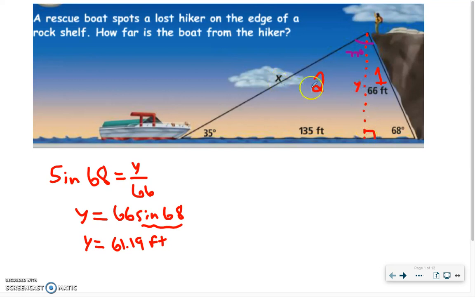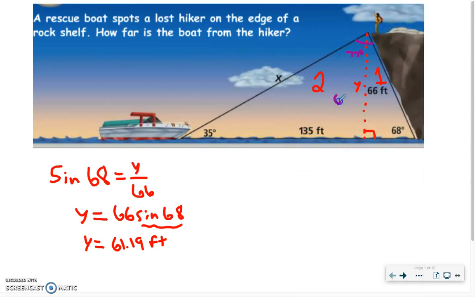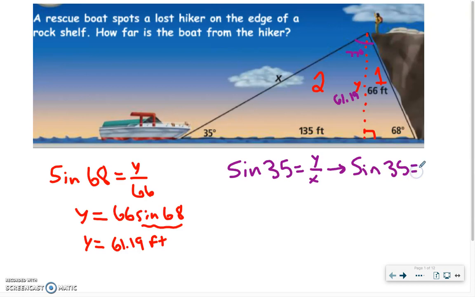Now that doesn't get us to X yet, but knowing the fact that 35 is across from the same Y value, if we can find Y like we did, we can now use that Y value to find X. So similar here now that the Y is equal to 61.19, in this second triangle I can go sine of 35 is equal to the opposite, so y over x, which implies that sine of 35 is equal to 61.19 divided by x.